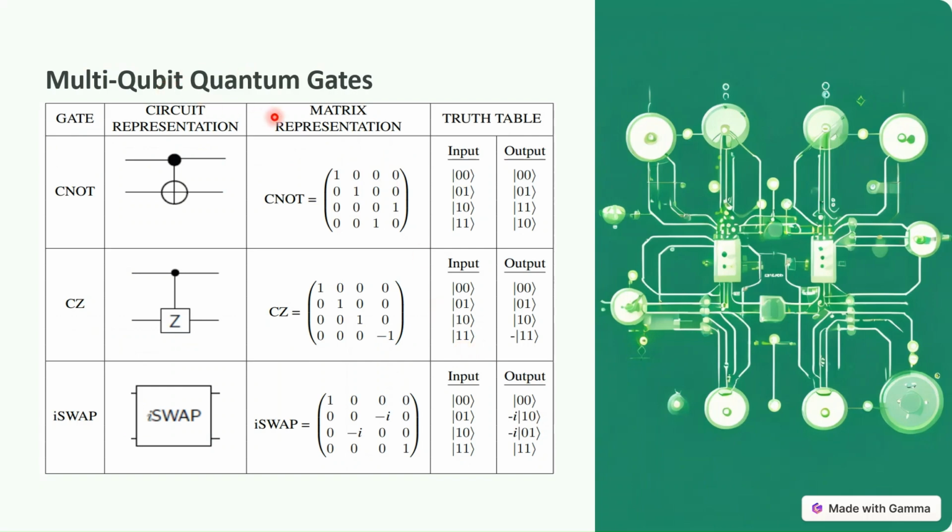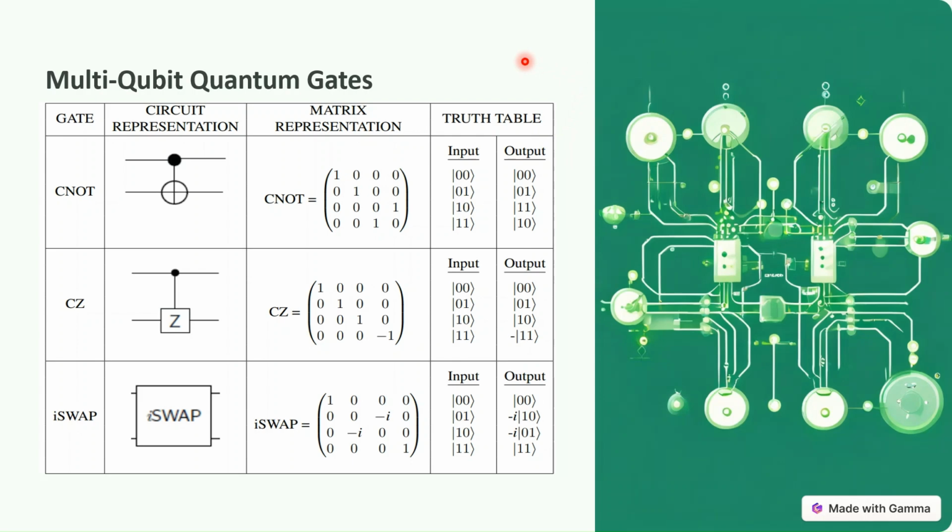So these are the multi-qubit quantum gates. Basically, multi-qubit quantum gates use one qubit to control the operation performed on another qubit. They require a minimum of 2 qubits.